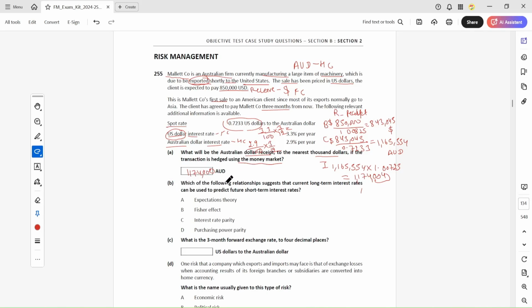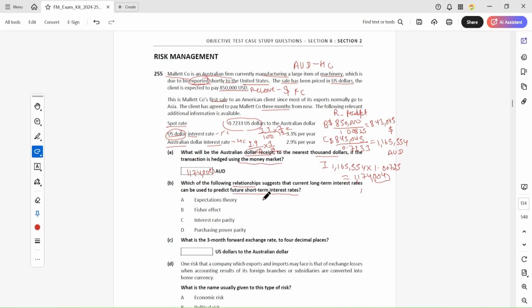Next question: which of the following relationships suggests that the current long-term interest rate can be used to predict future short-term interest rates?